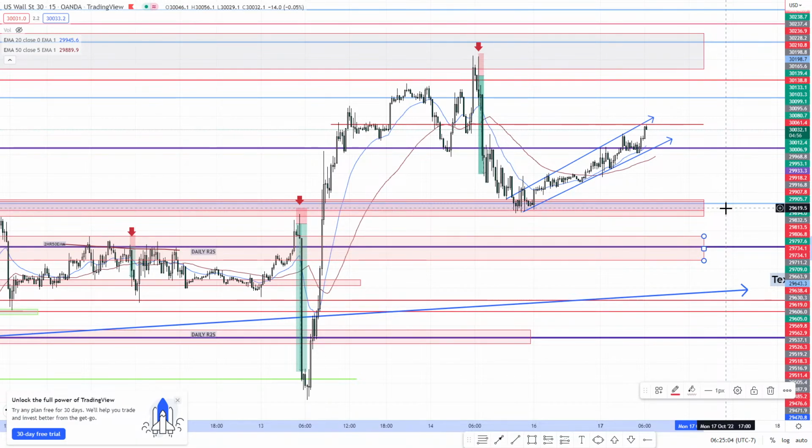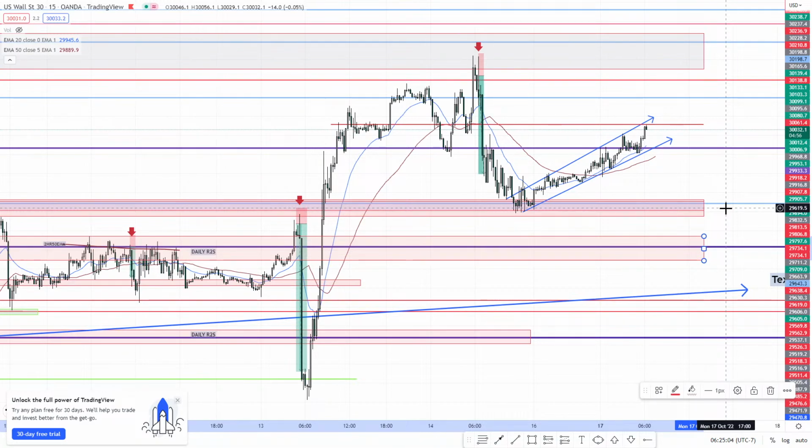See, it's breaking above. We got about 2 minutes left. Let's go to the 5 minute. 5 minutes about right there.